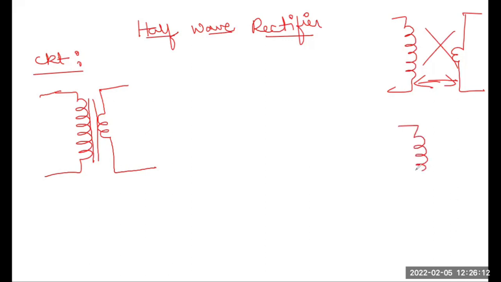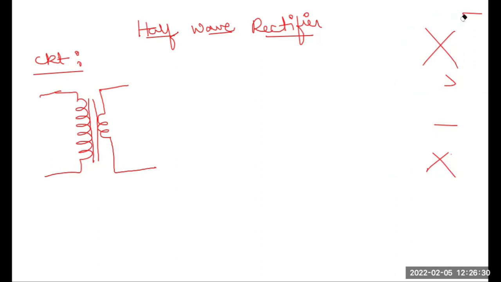Neither can you draw the transformer like this and show the flux lines overwritten on it. This is also not correct. So give the gap in such a way that you can draw flux lines in between the primary and the secondary windings. Clear?